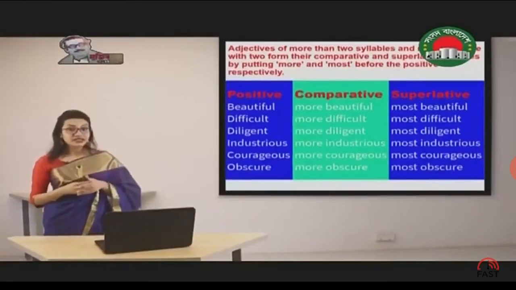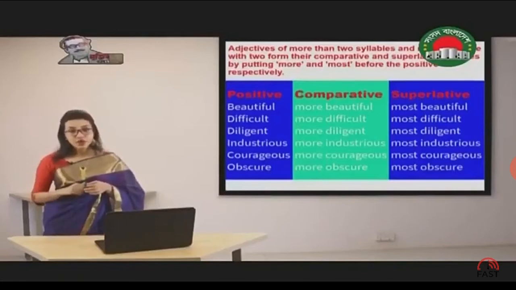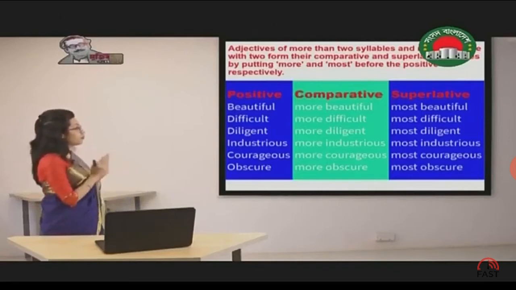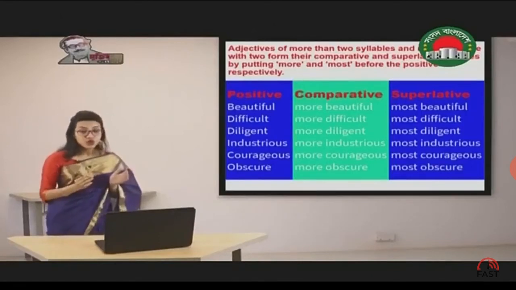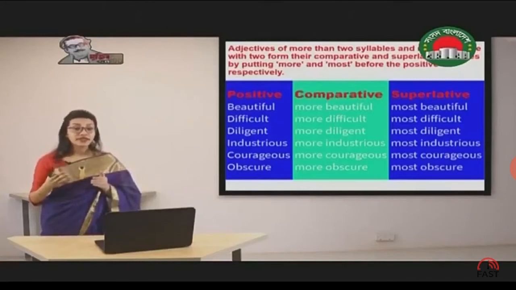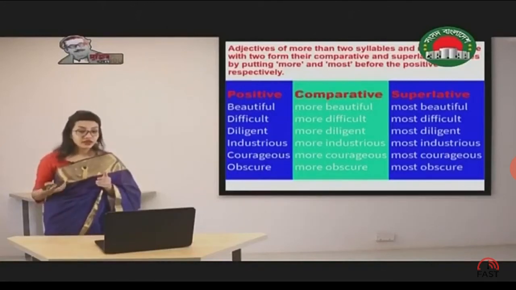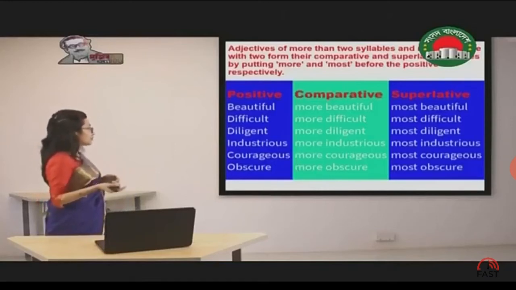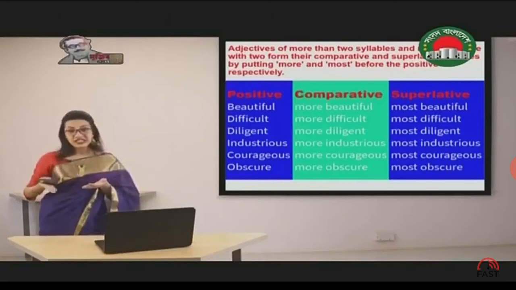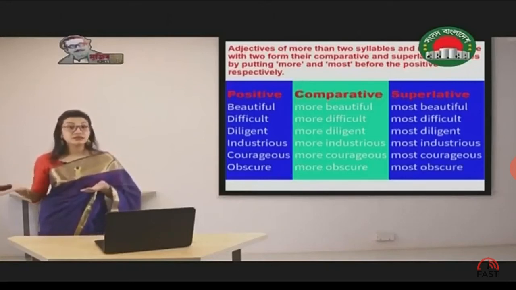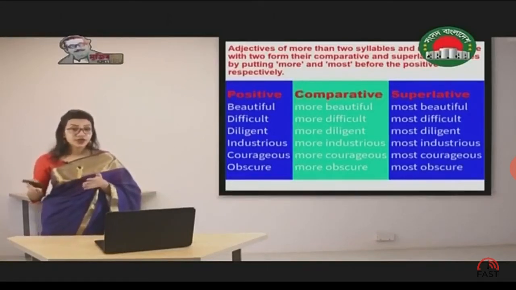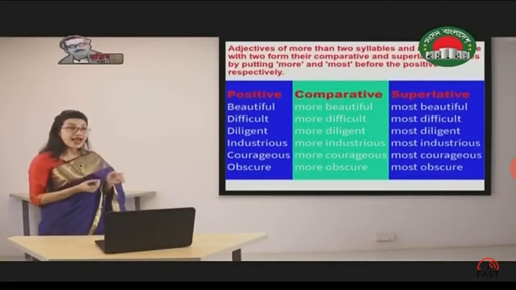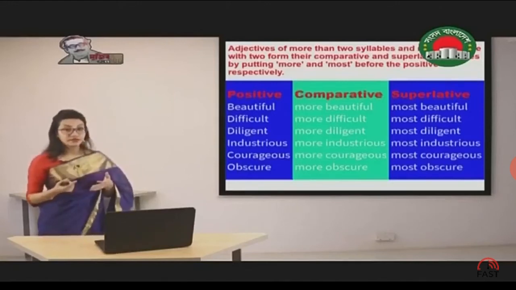So in some cases, if the adjective is 2 syllable or more than 2 syllable, we can use more and most to make comparative and superlative degree. For example, beautiful, more beautiful, most beautiful. So beautiful, there are 3 syllables in here. It's a trisyllable word. For that reason, we have used more in comparative and most in superlative.